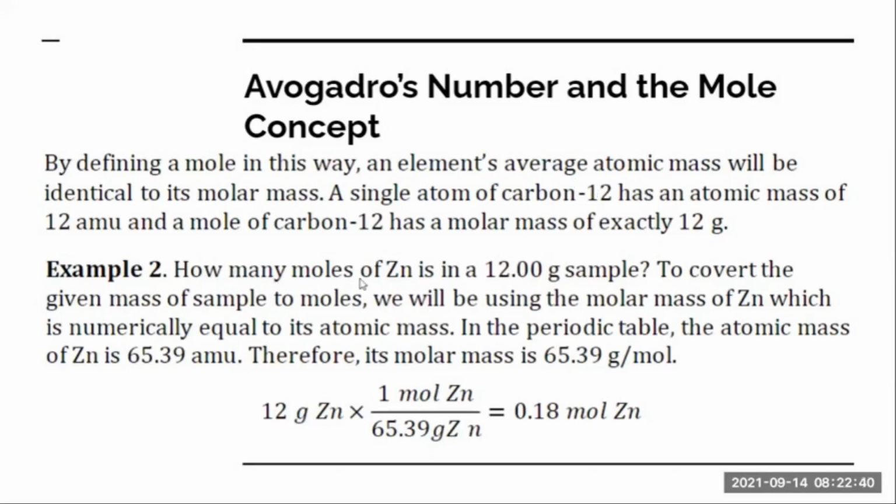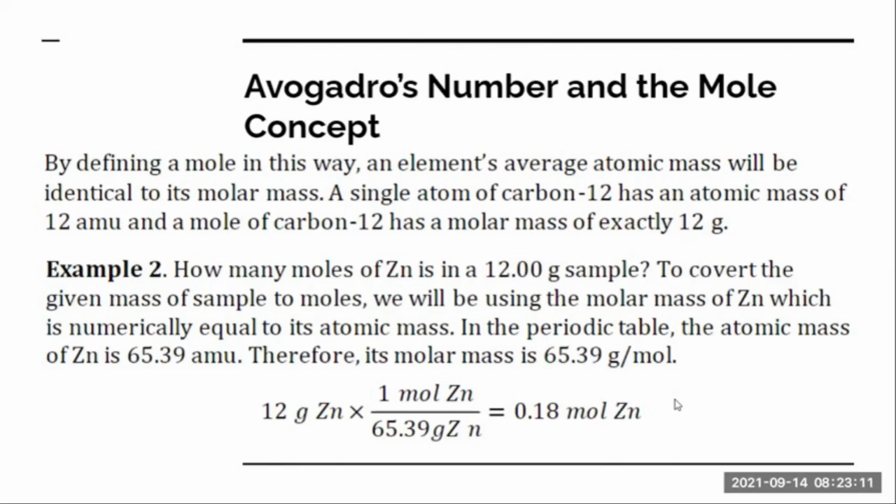So we have here another example. How many moles of zinc are in a 12-gram sample? To convert the given mass to moles, we will be using the molar mass. The molar mass is equal to its atomic mass, so we will first locate the atomic mass in the periodic table.